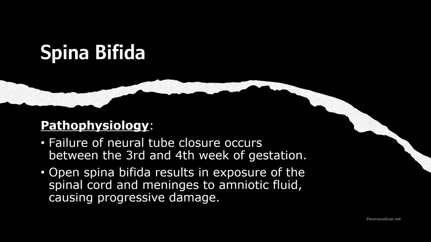This exposure can cause further neurological impairment such as sensory loss, motor dysfunction, and even hydrocephalus, as the exposed tissue is vulnerable to mechanical injury and the chemical environment of the amniotic fluid. The degree of damage is largely dependent on the extent of the exposure and the specific spinal level affected.